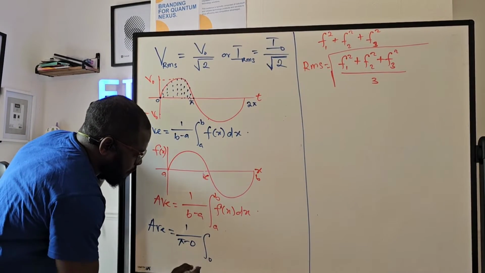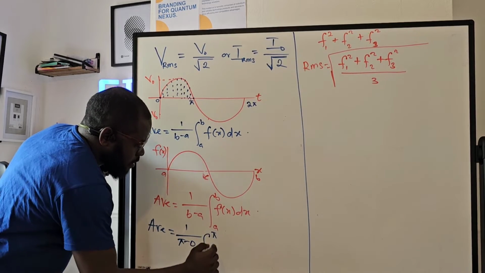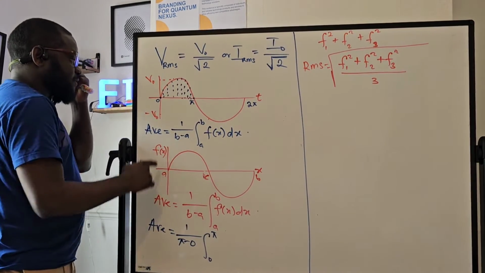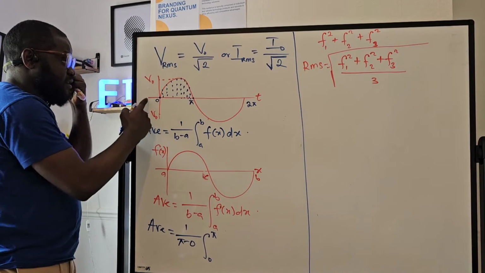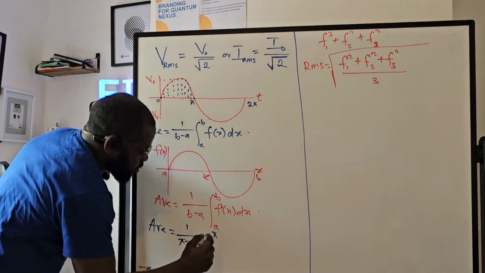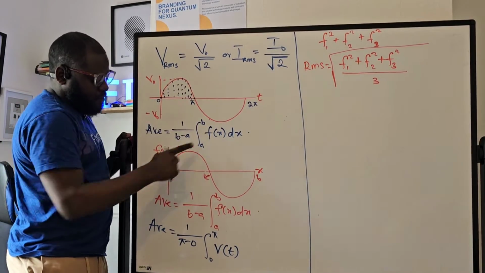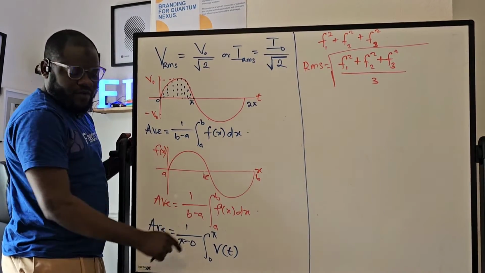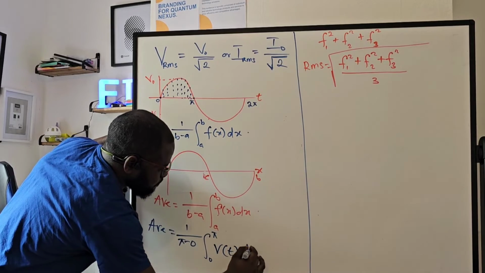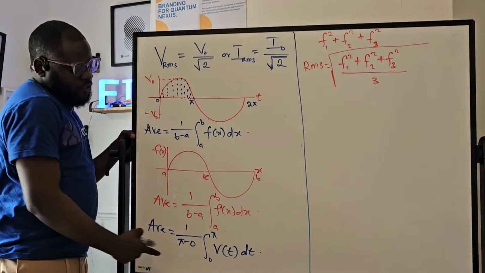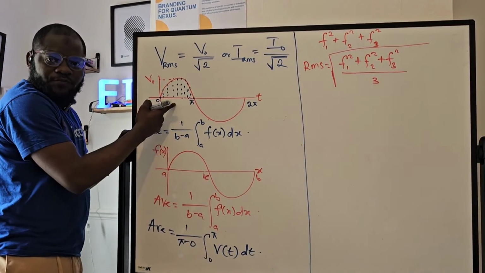Then the integral from 0 to pi of, instead of f of x, what function do I have here? That's voltage, v, right? So I have v of t, because v is a function of t, just like f of x is a function of x, dt. Have you seen this now?